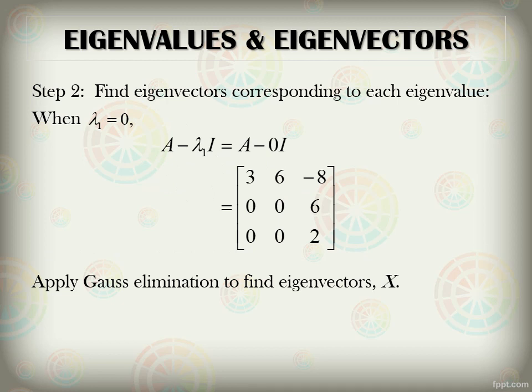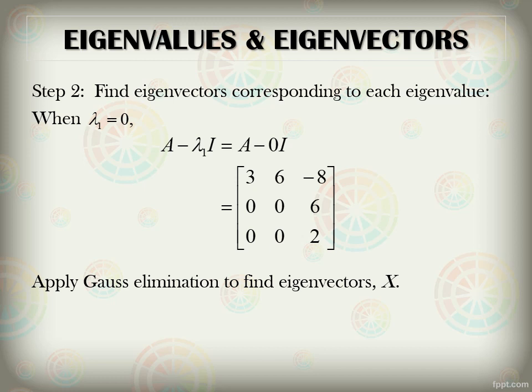Right, so once you have found your eigenvalues, now you need to proceed to step 2, which is finding the eigenvector for all the corresponding eigenvalues that you found. Okay, so remember, we'll rewrite the equation so that you can see it clearer.